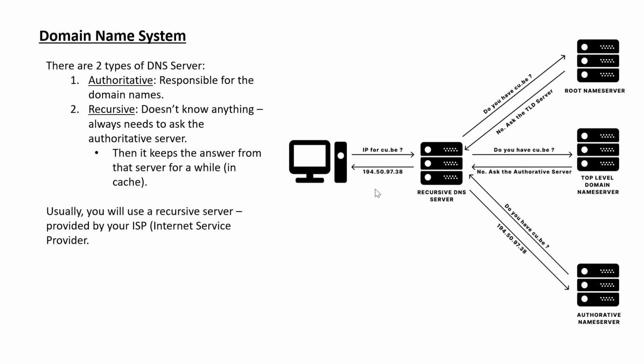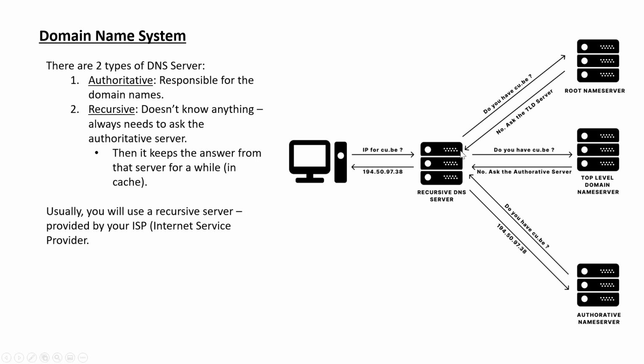The recursive server, which is the server we typically interact with, provided by our internet service provider, doesn't actually know anything, and it always needs to ask the authoritative server for this information. As soon as it gets information back from the authoritative server, it can usually cache this data for a while, so that if there's another request for the same IP, it doesn't have to go through this entire system. It can just respond with the cached IP address for that domain name.